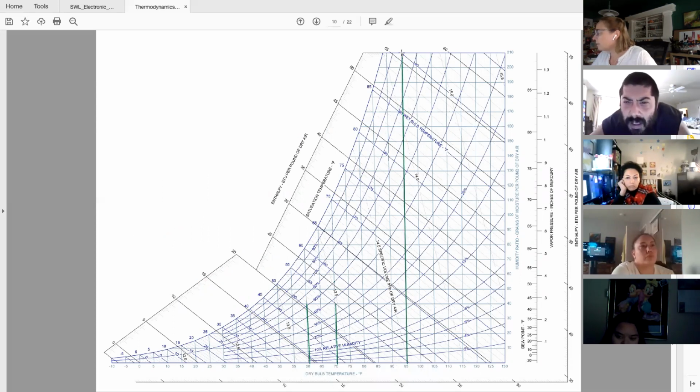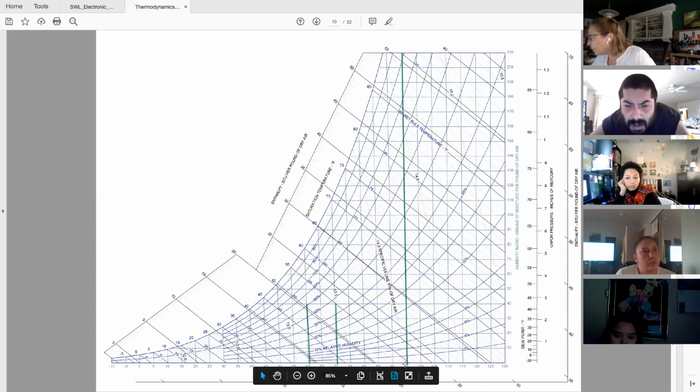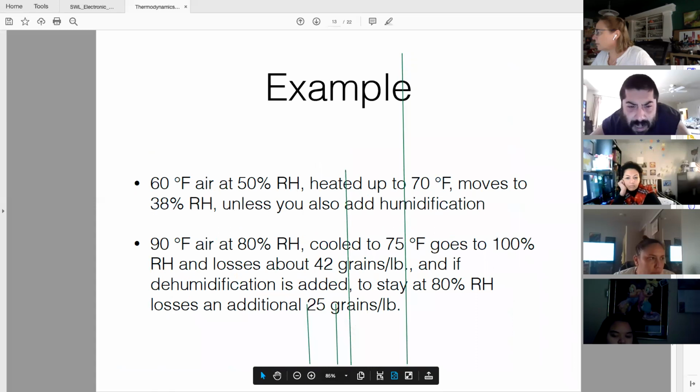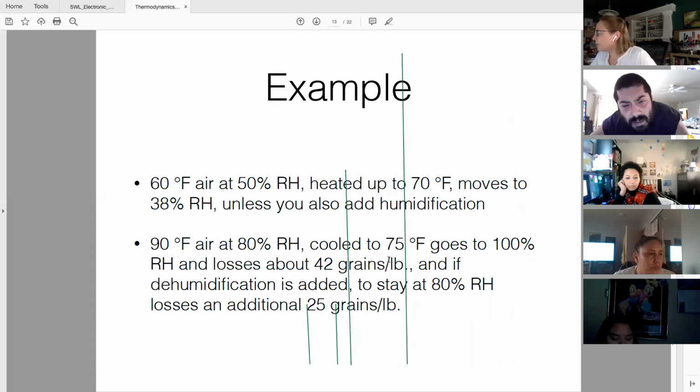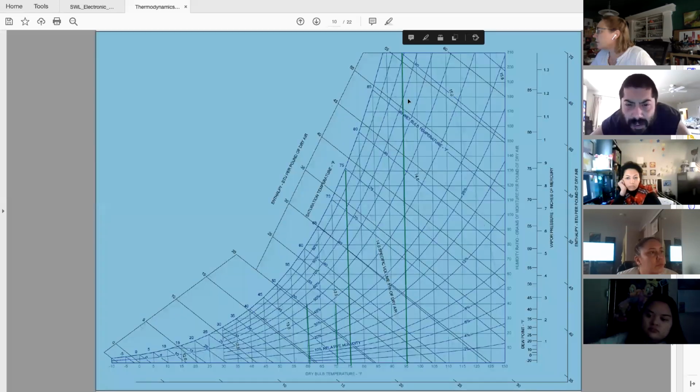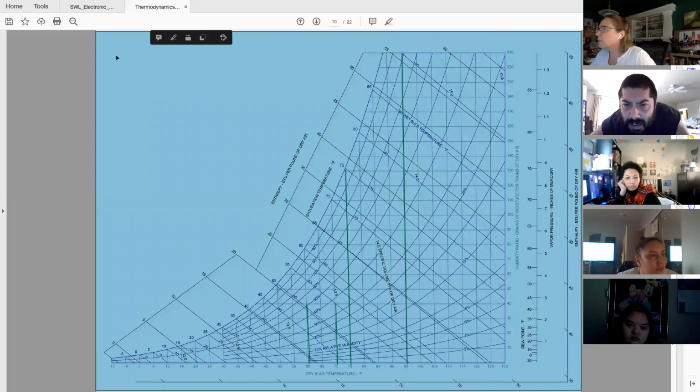Let's say it's up here. I forgot what I just said it was, but we were going from 95 down to 75. Here's 75. Sorry, I got to go back and see what I was saying. 80%, and we cool it to 75. It's right here. Whoa, that's not what I want.